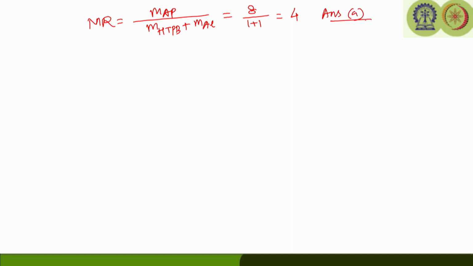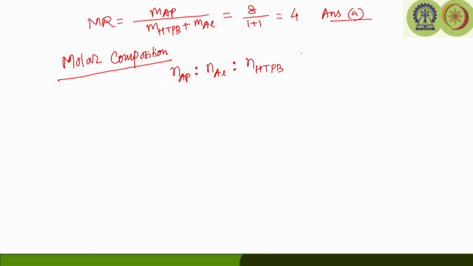Now, molar composition, I think one can easily do it. If you try to find out the molar composition, you can do it like number of moles for AP is to number of moles for aluminum particles is to number of moles for HTPB.